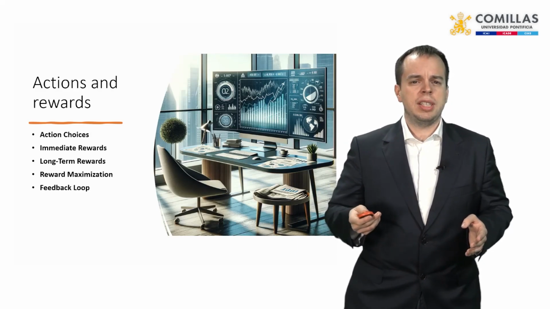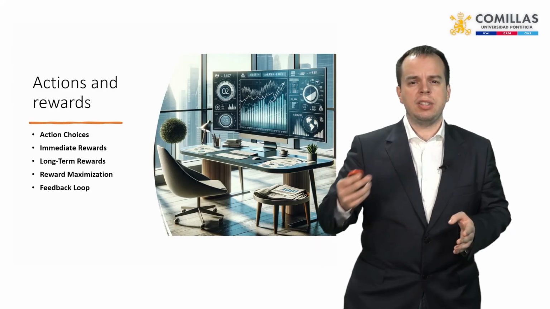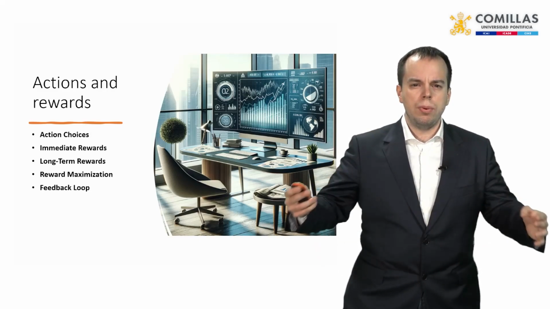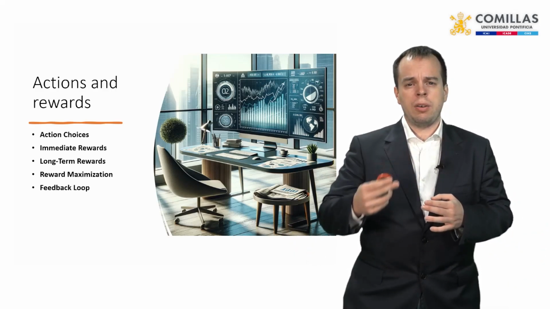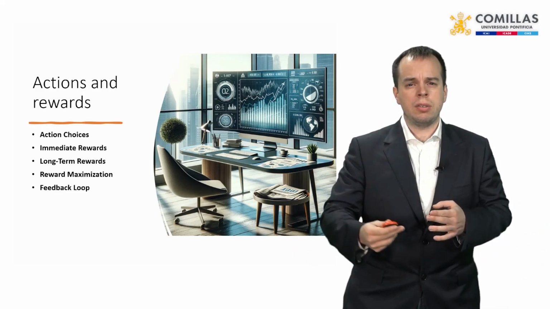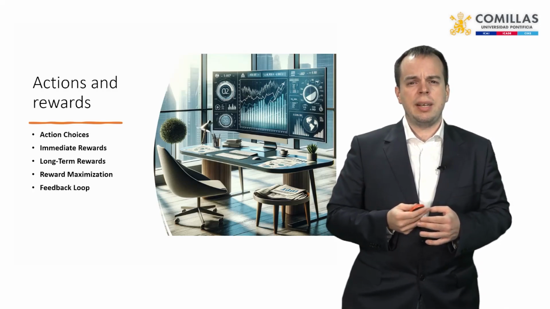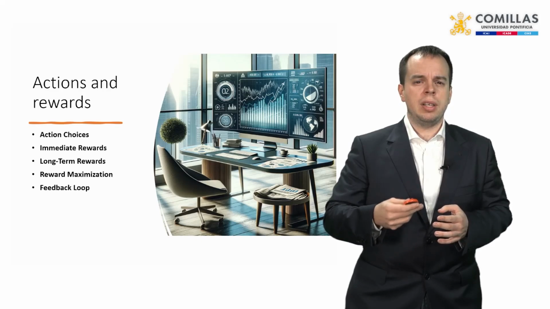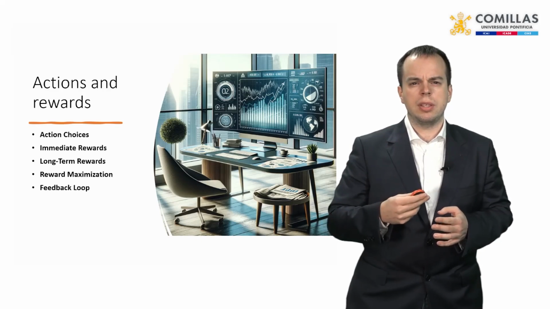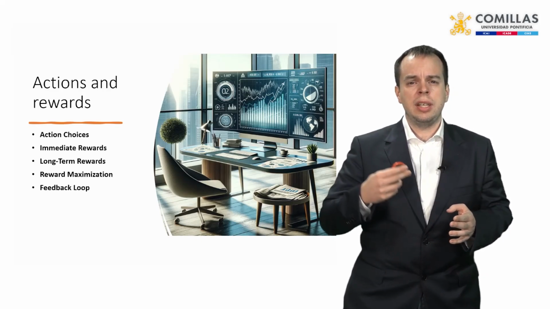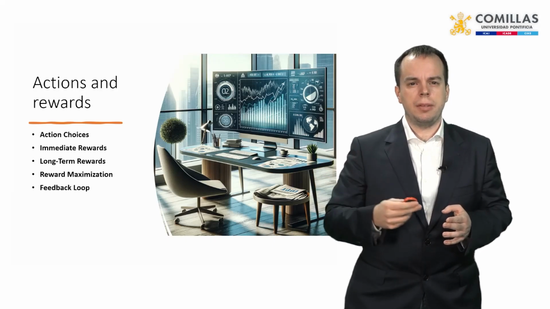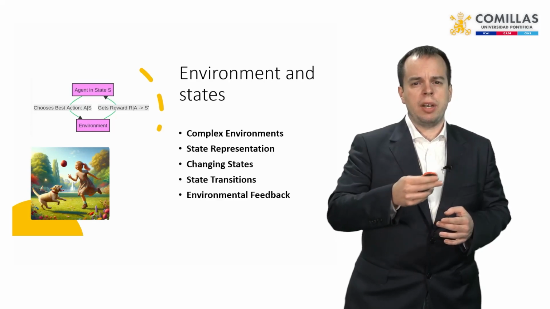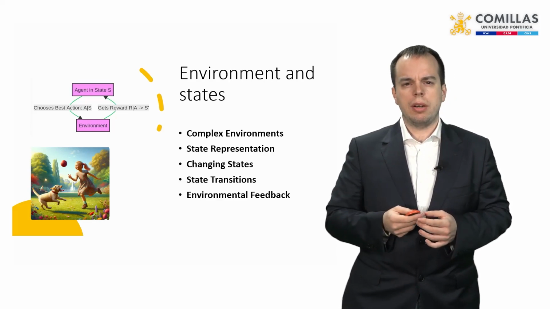A good example is a recommendation system that refines its suggestions based on user interactions. This loop is crucial for the ongoing improvement and refinement of the learning process. In summary, understanding actions and rewards is fundamental to developing efficient reinforcement learning models, as they guide the learning process towards effective decision-making.